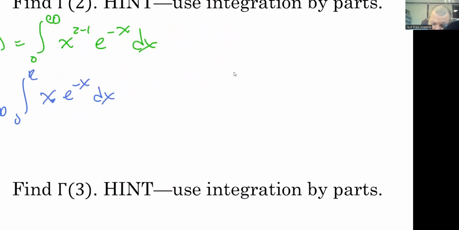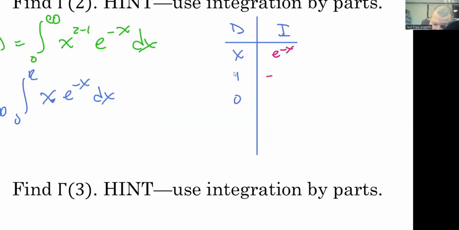If I did column integration here, here are my derivatives, here are my integrals. I'm starting off with x, 1, 0. My integrals are e to the negative x, then negative e to the negative x, then e to the negative x, right, that's always going to fluctuate.